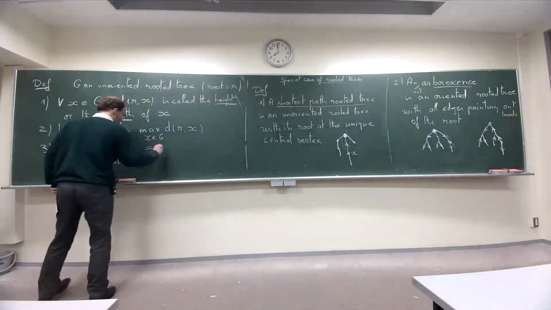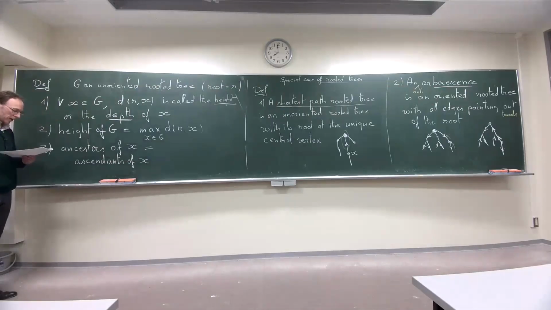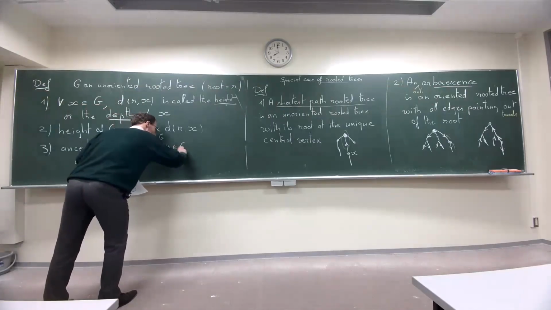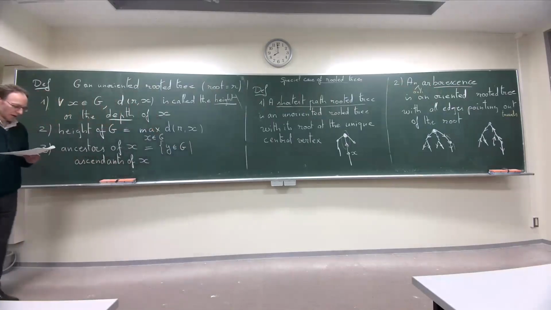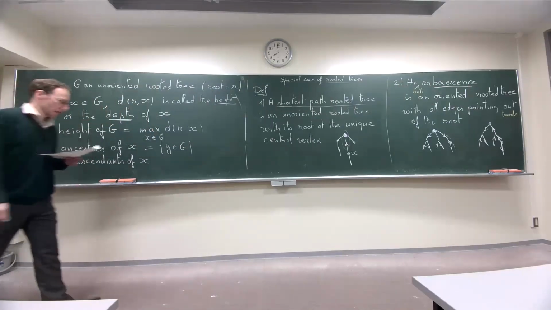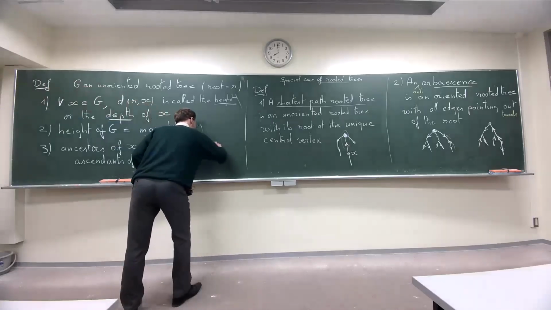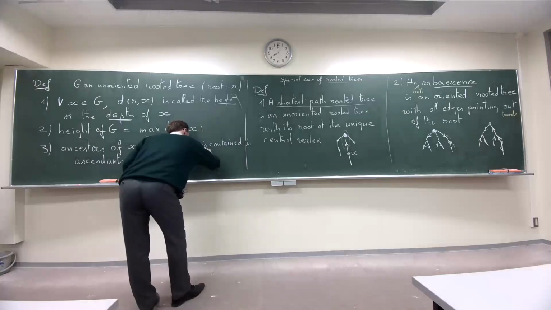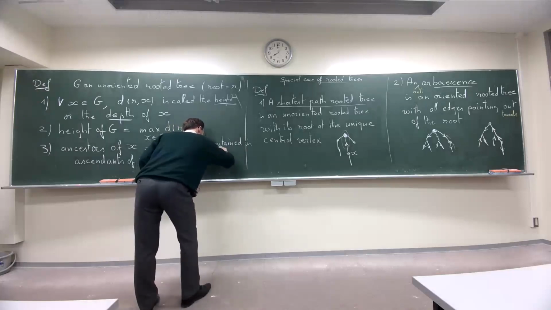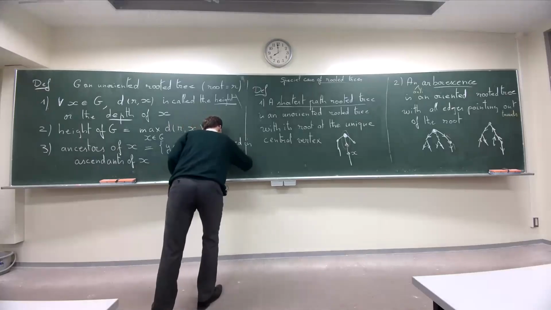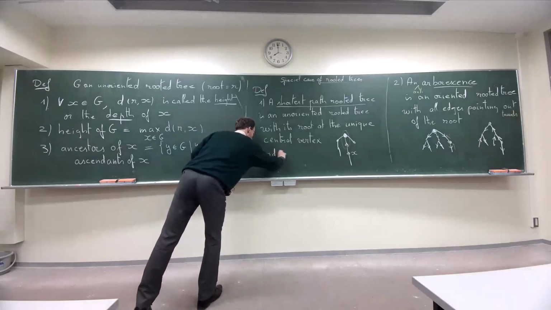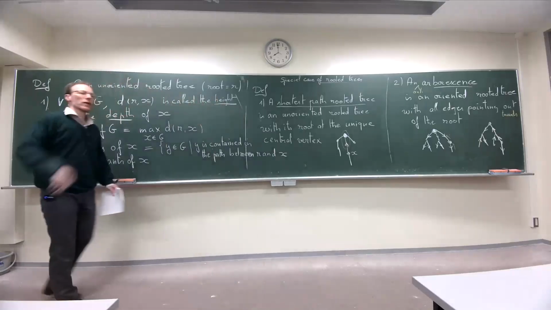Probably not, but it depends slightly on the authors. So what is it? It is the set of Y in G so that Y is contained in the path between the root R and X.